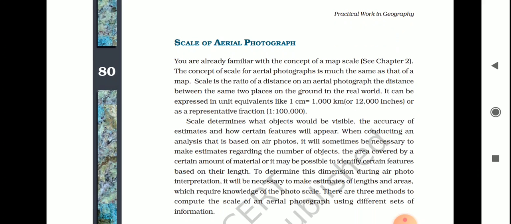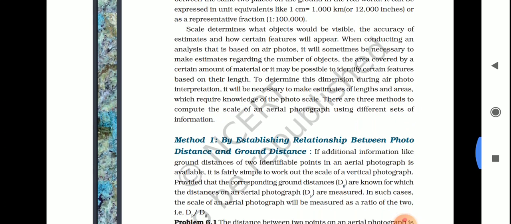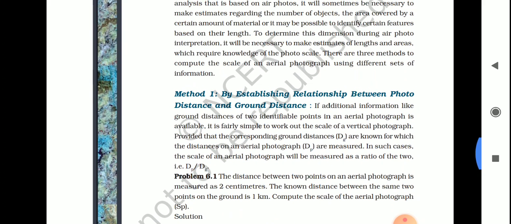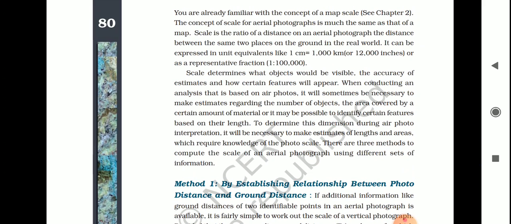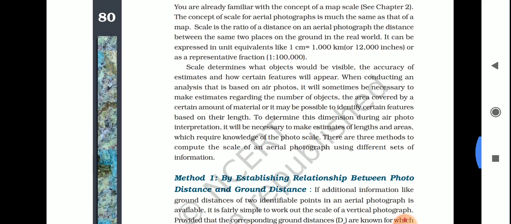So the scale of aerial photographs, if we talk about this scale, one method is by establishing a relationship between photo distance and ground distance. As you all know, we are already familiar with the concept of a map. The concept of scale of an aerial photograph is the same as that of a map.